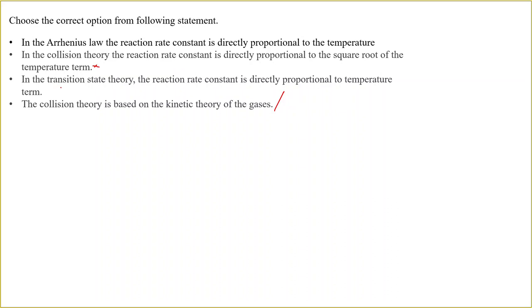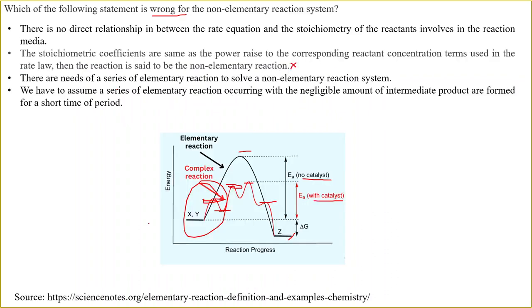Next, we have that in transition state theory, the reaction rate constant is directly proportional to the temperature term. What happens in transition state theory is that the reactants transition to a higher activated state, again shown in the previous problem, where reactants come together to form an activated complex to reach a higher activation state, and from then onwards, they drop down again to the product state.